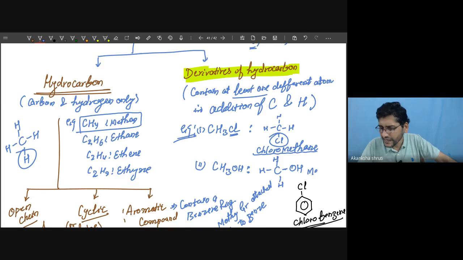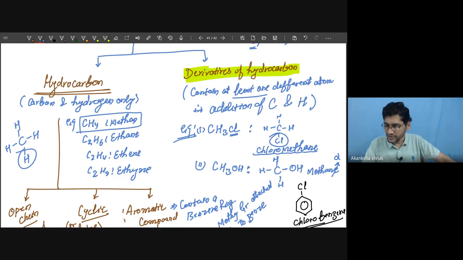So it is written as methane. From this, you have to drop the E and write OL. This we learned last day. Students, do not forget the things that we discussed on the previous day, because every next day, the concepts we learned previously will be used.